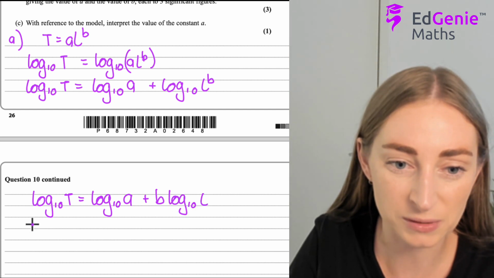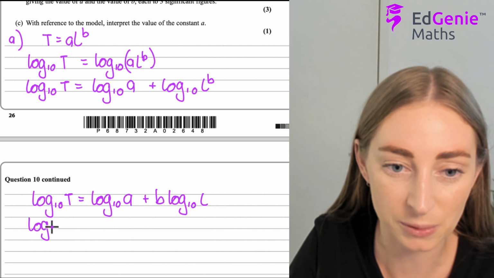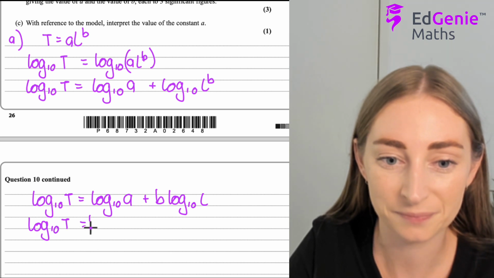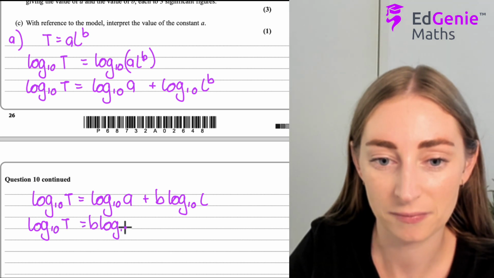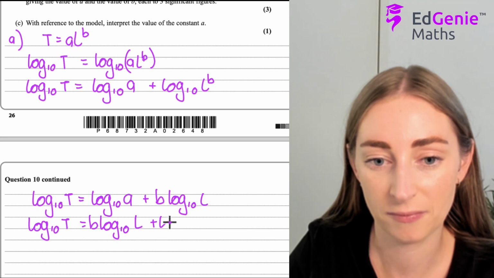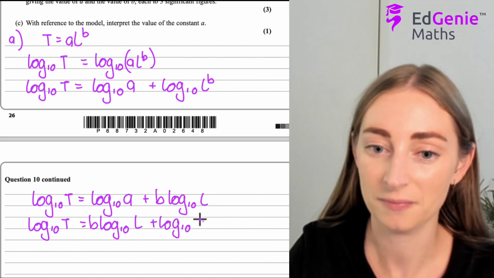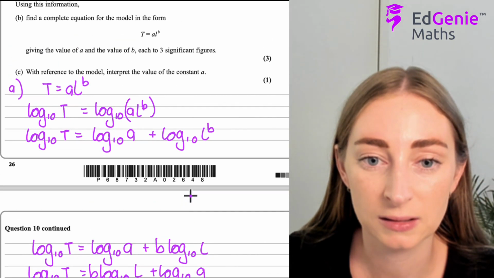And then I think it just wanted it the other way around, didn't it? So let's swap these two terms. Okay, let's check.